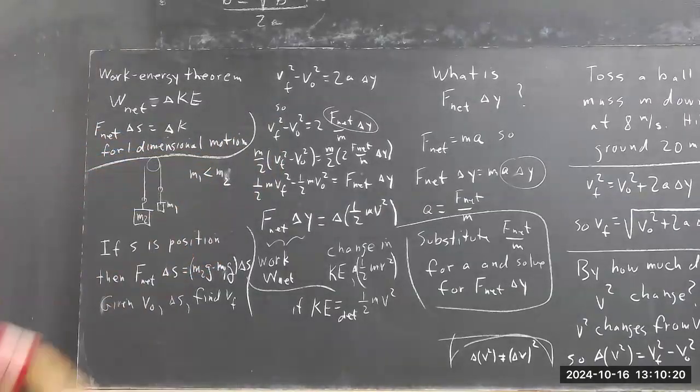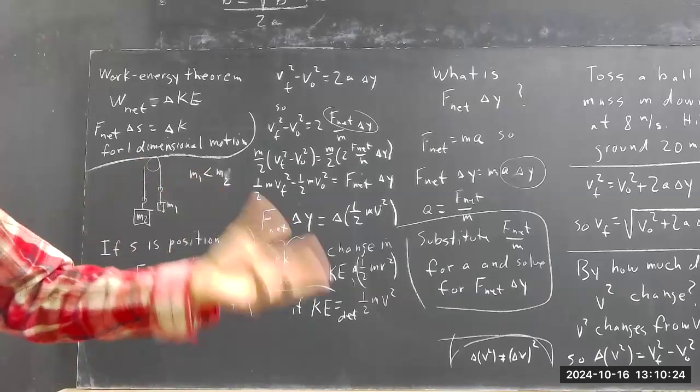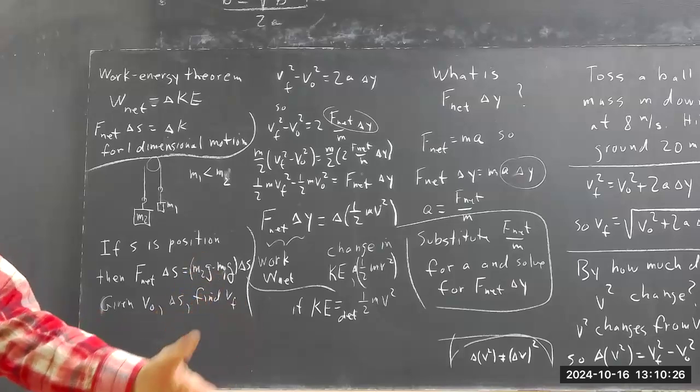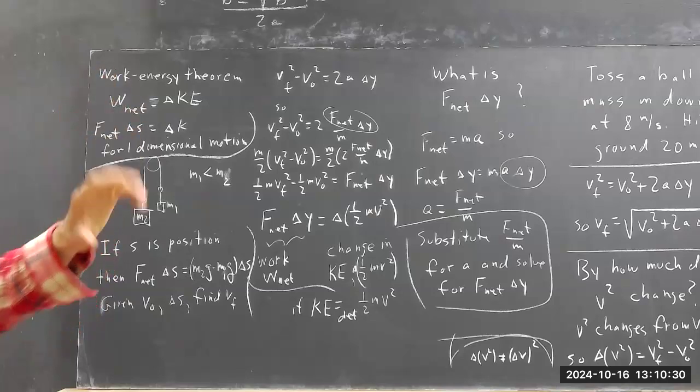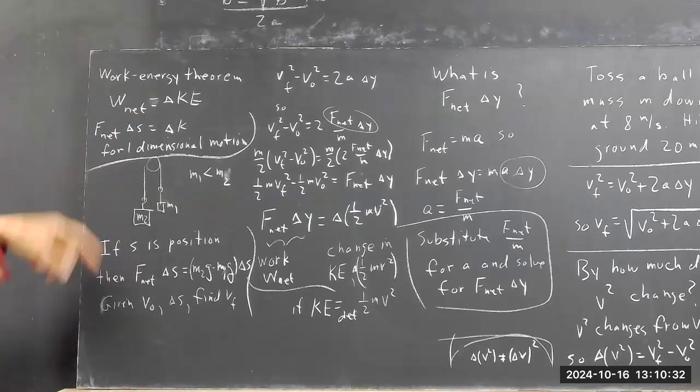And this is for one-dimensional motion. If you go into 2 dimensions, you just make a slight modification, and I'll write that down. We're not going to deal with the 2-dimensional case, at least not today.